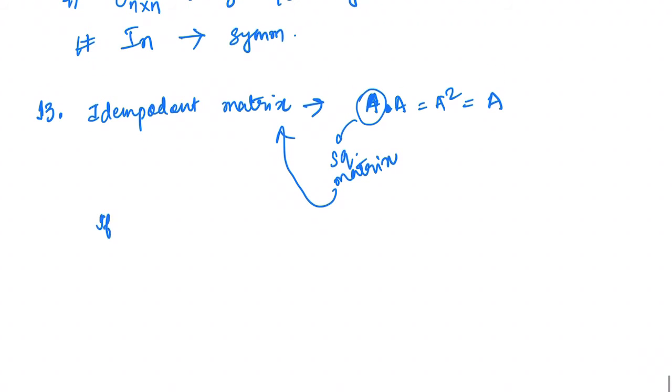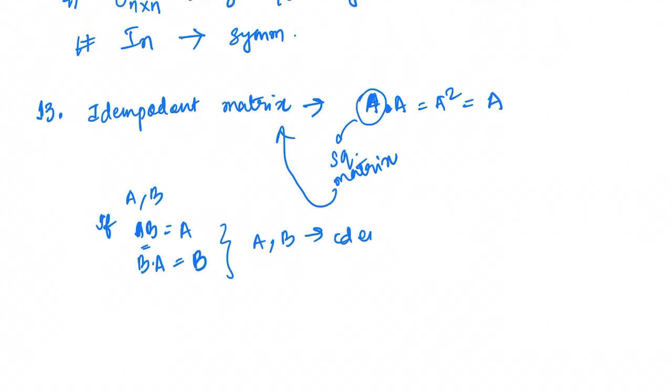Now let's say we have A and B matrices. If multiplying A and B gives A, and B into A gives B as the output, then what we can derive is that A and B are idempotent.